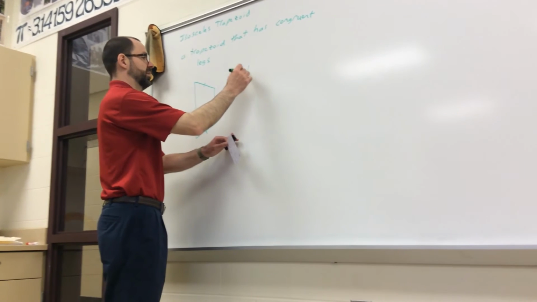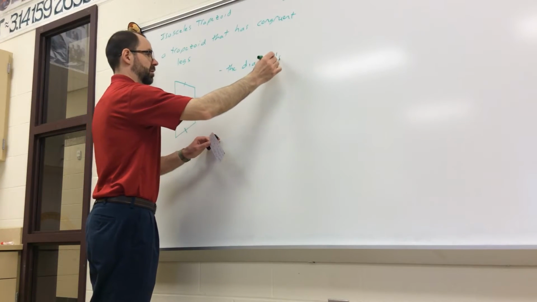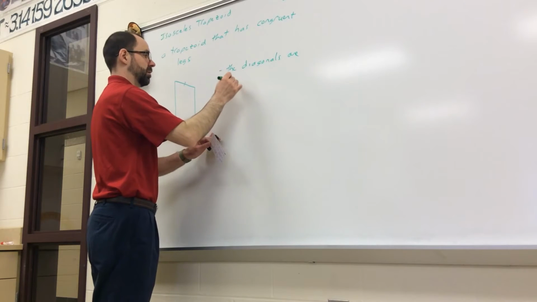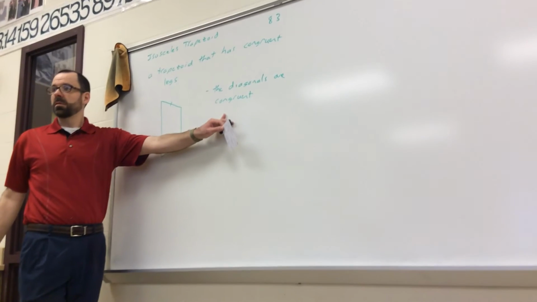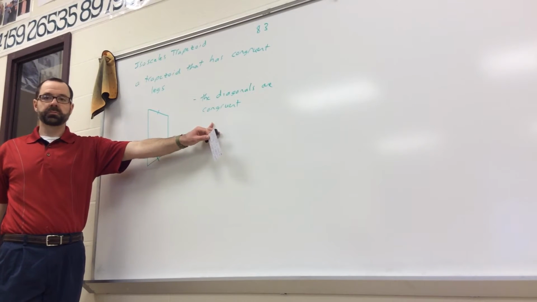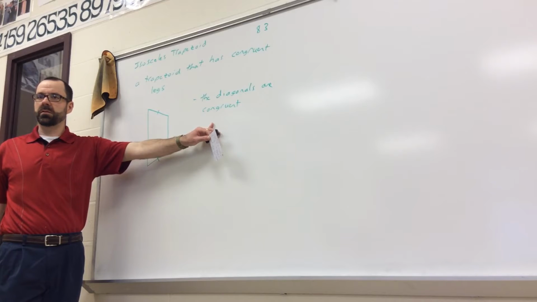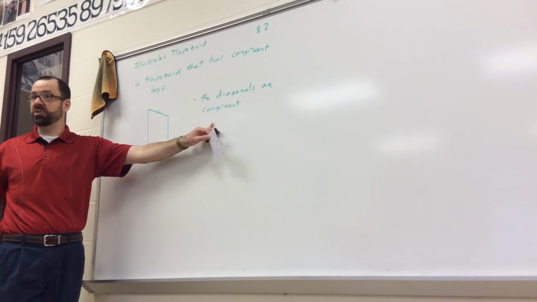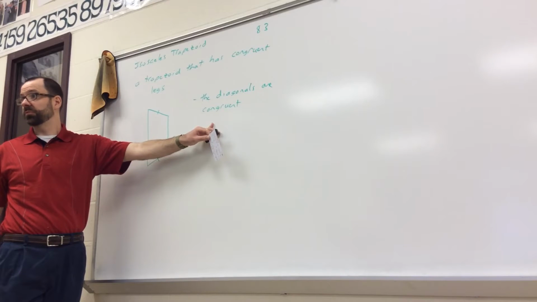One thing is that the diagonals are congruent. This is not true on every trapezoid. It's only true on isosceles trapezoids.